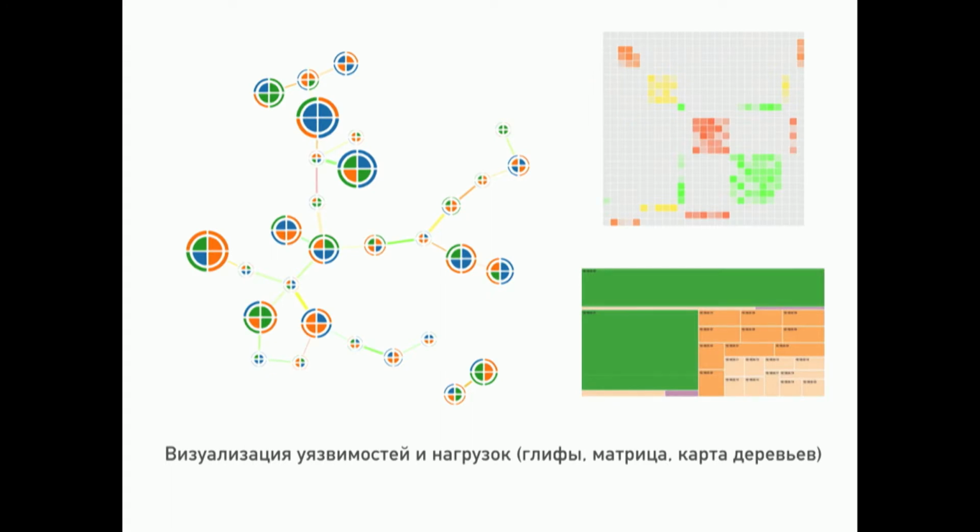How do we visualize the metrics? You can add glyphs to it. Here is a circle, the current scanning result. The left hand side and the right hand side denote the vulnerability, which equals 9.